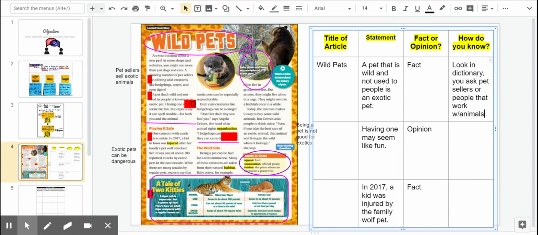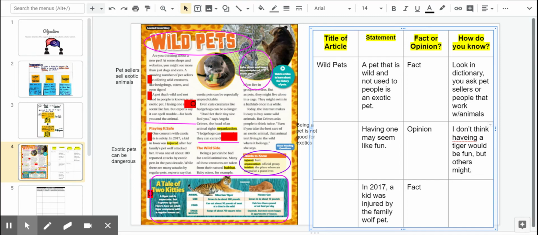Okay? Over here, how do I know or why do I say this is an opinion? Having one may seem like fun. I'm sorry, I don't think having a tiger would be fun, but others might.